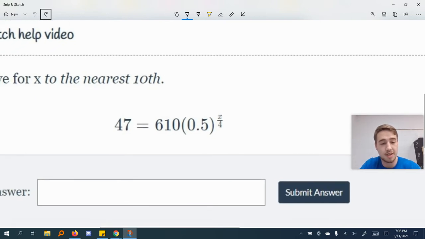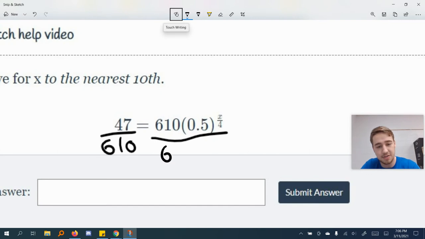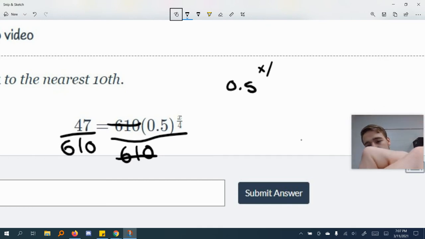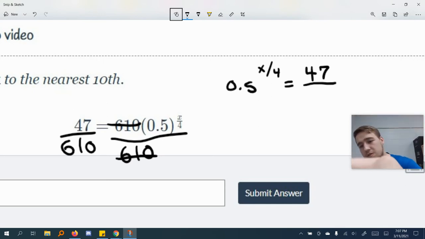So we've got 47 over 610 is this nonsense over 610. So this cancels, and we're left with 0.5 to the x over 4 equals 47 over 610.